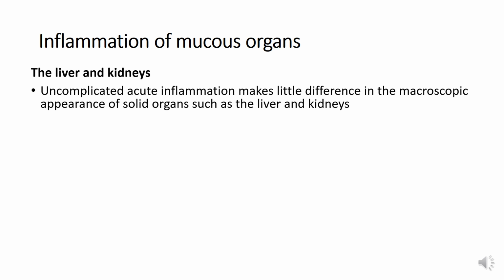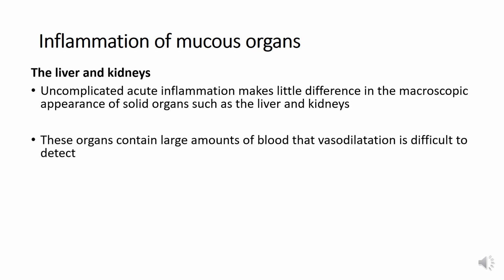That means there isn't room to form much exudation. And then also they are blood filled. Their blood supply is very high and rich. And so even effects of vasodilatation and hyperemia are not very obvious to see with the naked eye.